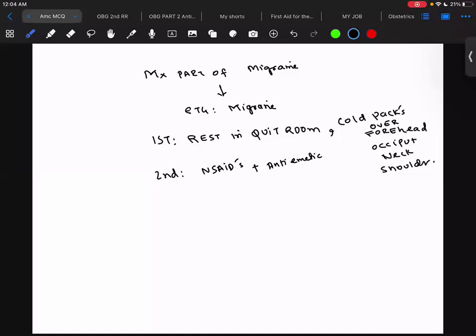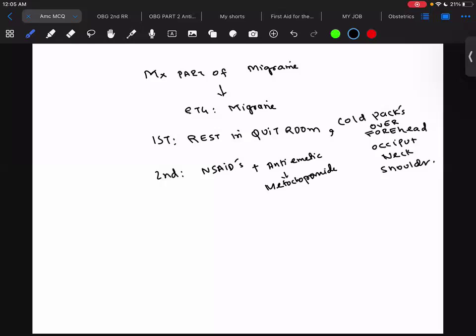These antiemetics are used because these patients have gastroparesis also, right? We need to add a drug which is a prokinetic, which is an antiemetic. So for that reason, we use metoclopramide.